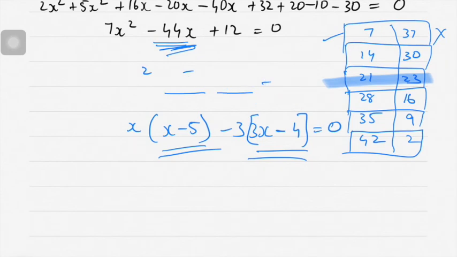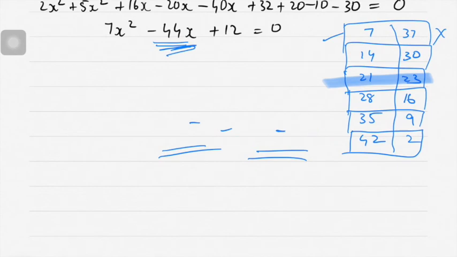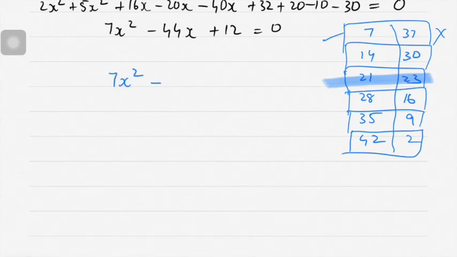So the last option. Let's check the last option. So when I check my last option, which is 7x square minus 42x minus 2x plus 12 is equal to 0.